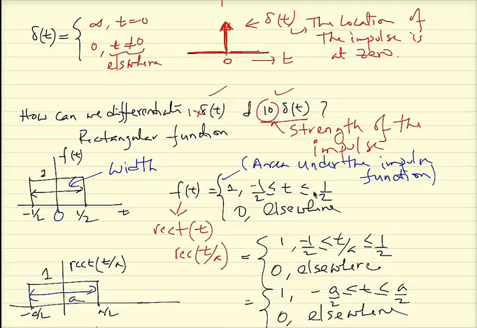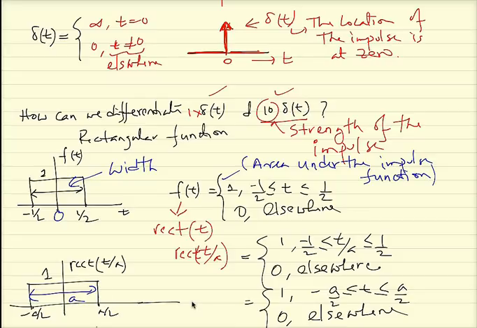So the inequality also has t over a. If you multiply by a on both sides of this inequality, then you have t from minus a by 2 to plus a by 2, which is precisely this function. So I missed one t here, let me write that. Here you have rect t over a. When you have t over a, it has a width of a, right?